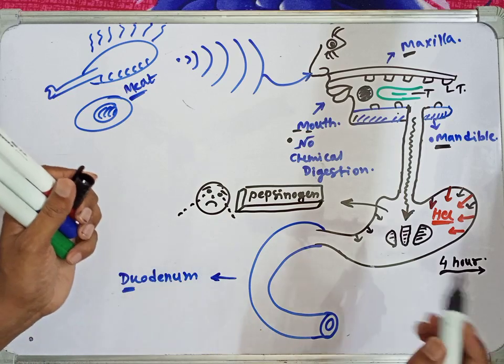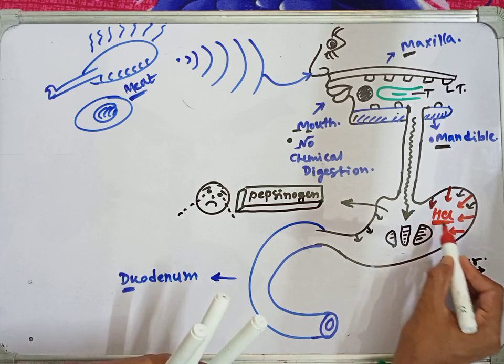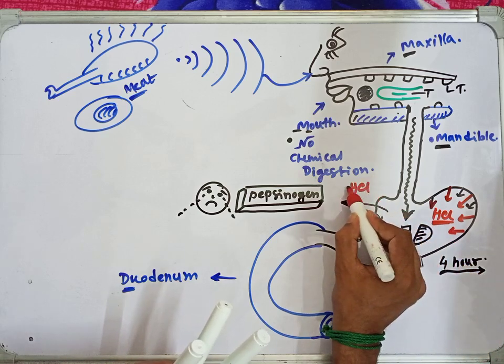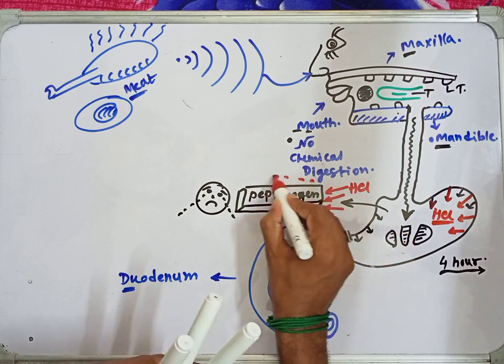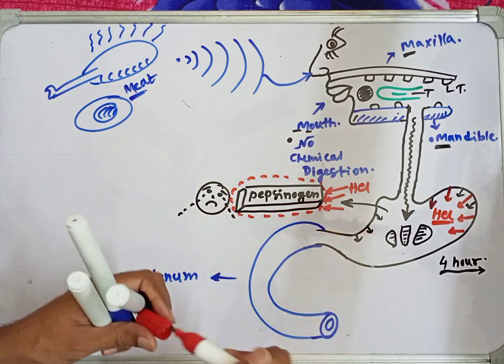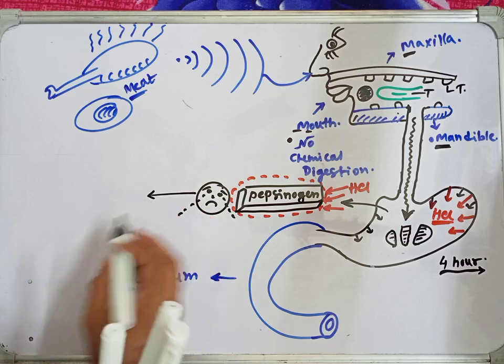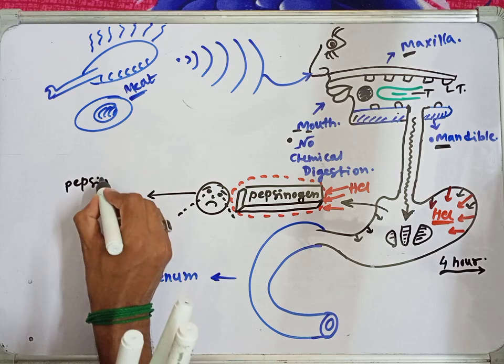When pepsinogen comes in contact with HCl, it is converted into an active enzyme. What does pepsinogen convert into? The active enzyme called pepsin, right?